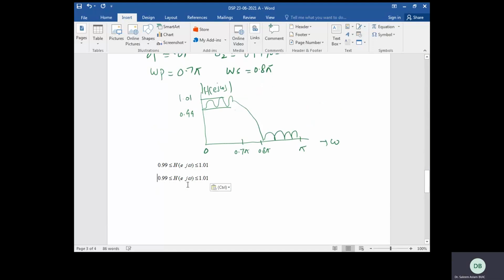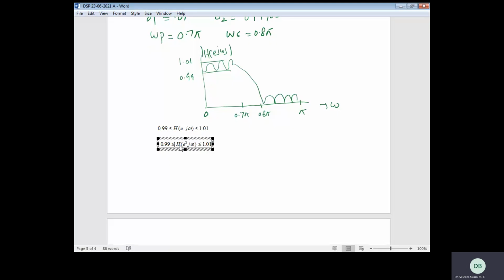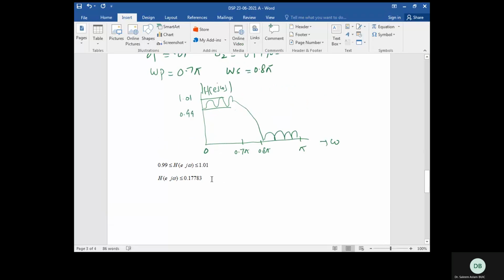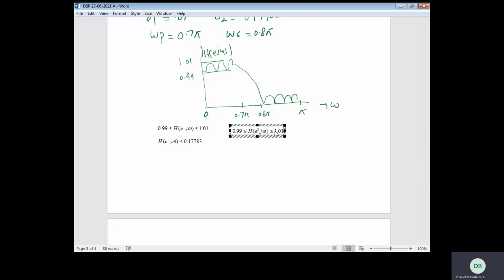You have another criterion for the stop band. You can assume that this might be 0.17783. Right, so this is the pass band, and you can consider that this might be from 0 to 0.75, because you need to give the frequency range.